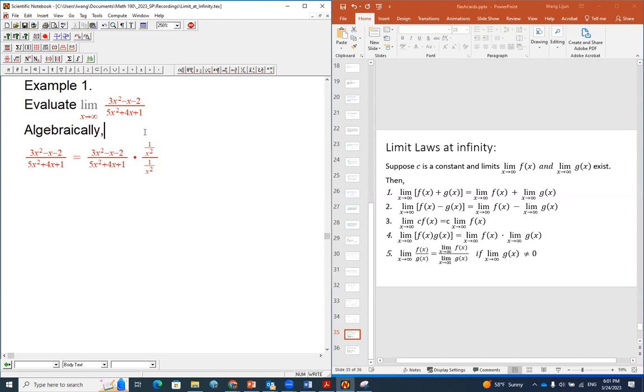We can choose that interval so that a is so large that x will not be 0, and 1 over x squared is not 0 as a result. We're basically dividing the top by x squared and the bottom by x squared. So we multiply by 1.